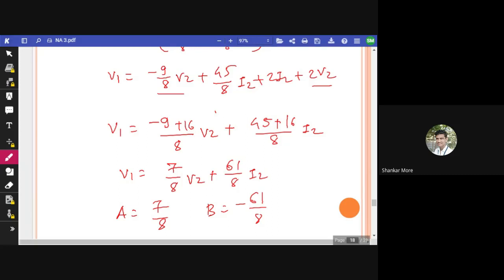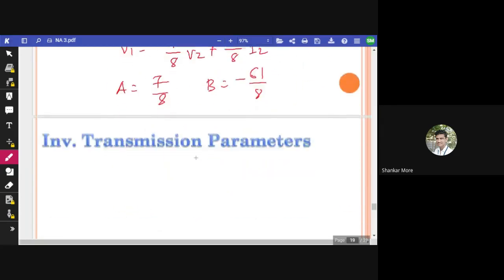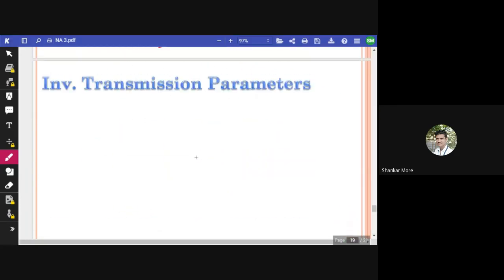So yeah, this was just a refresher. This was transmission parameters. Now for inverse transmission parameters, formulas are the same. There's just a slight change. We just have to change the techniques a little differently. So I'm not gonna explain examples and all for inverse transmission parameters.